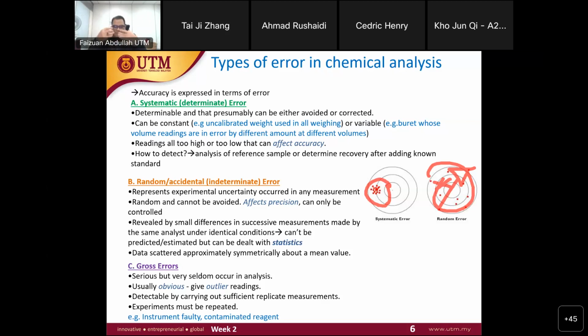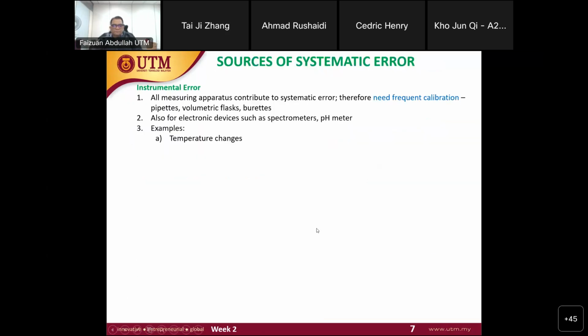Yes, like Rushaidi say, it is by human error, because the data are scattered, approximately. All right, and then we have a gross error. It is very rare and seldom, but also occur. Then we know this is about instrument faulty and contaminated reagent. Okay, this is the example of the gross error.